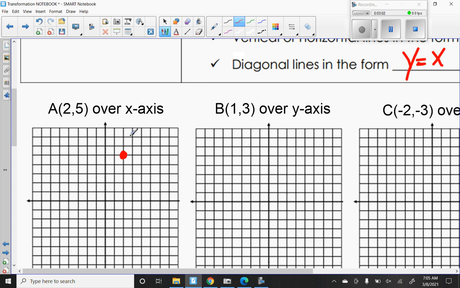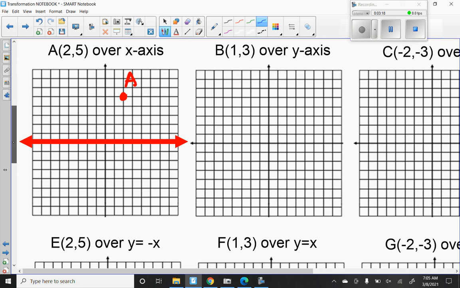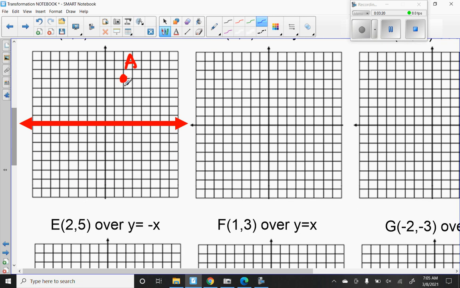Okay, our pre-image A. We're going to reflect across the x-axis. Our x-axis is the one that goes straight across through the middle of the origin. And all we have to do to reflect across the x-axis is identify how far away it is. So it's 5 spots away.